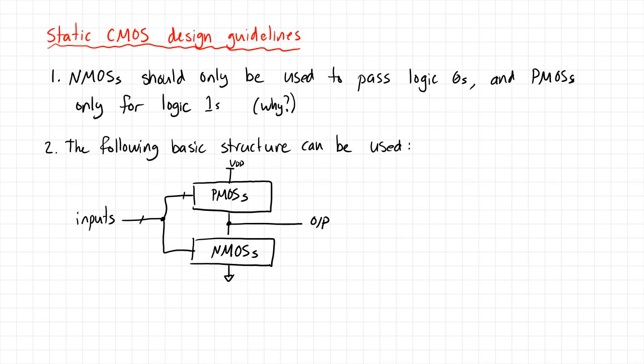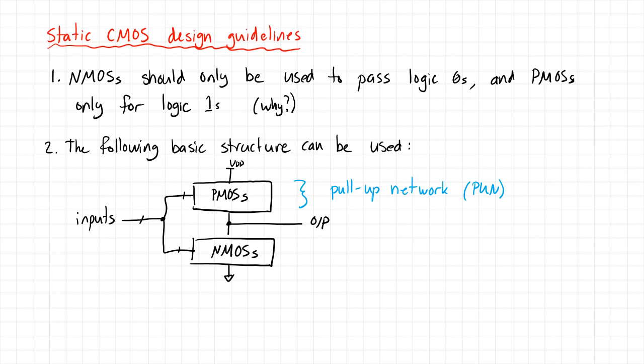We're going to designate that with just a line through it to indicate that that could be potentially multiple inputs or outputs. Okay. Now, this is the basic structure. We said we only want PMOSs to pass logic ones, which means PMOSs should be connected to VDD. We call this the pull-up network, or PUN for short, no pun intended.